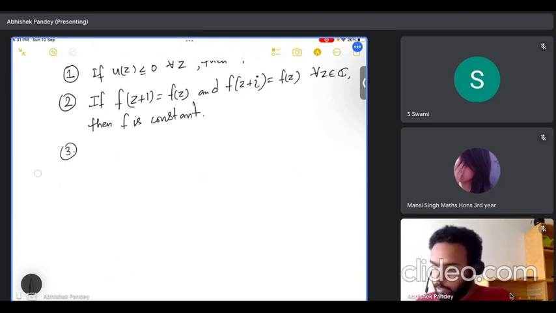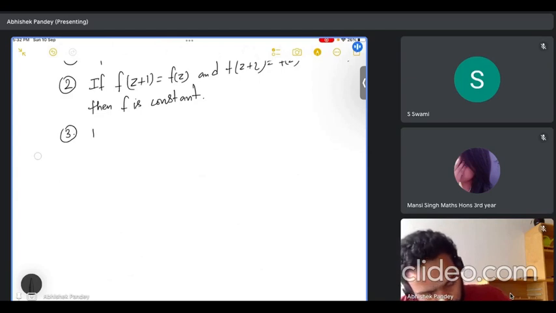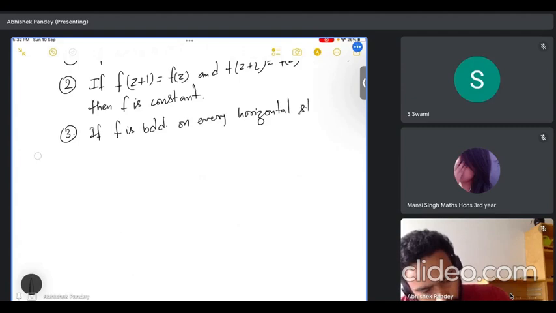Third option is, if f is bounded on every horizontal strip, then f is constant.